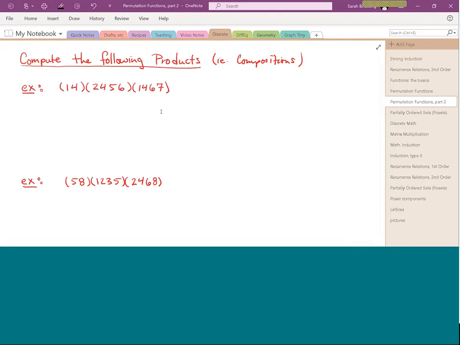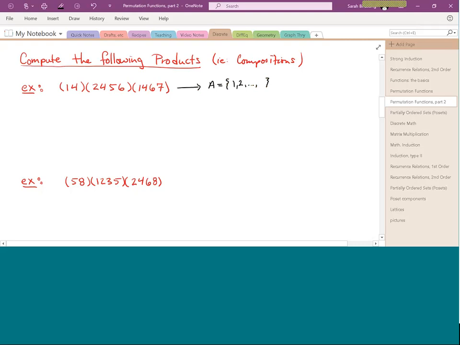Before you do that, though, you do have to know what your building set is. And we always assume that our building set, unless told otherwise, is going to be, in other words, our domain, the numbers 1, 2, 3, up to whatever the biggest number is among your cycles. So in our case, what should be our biggest number in our building set or in our domain?